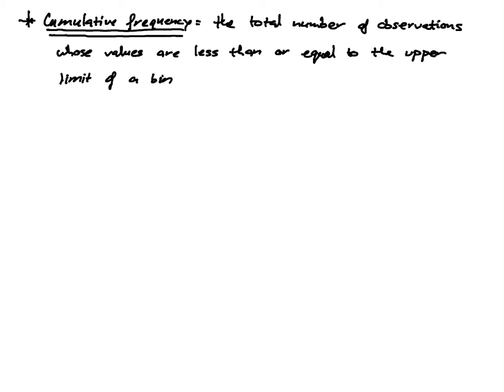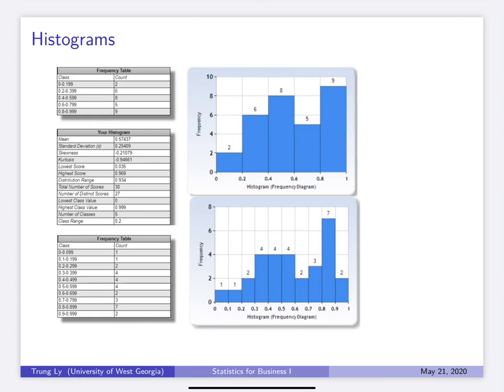So let's go back to our data set from before and see how we can construct a cumulative frequency distribution. I'm going to do it for the first frequency distribution here, and you can follow the same procedure to do it for the second frequency distribution.